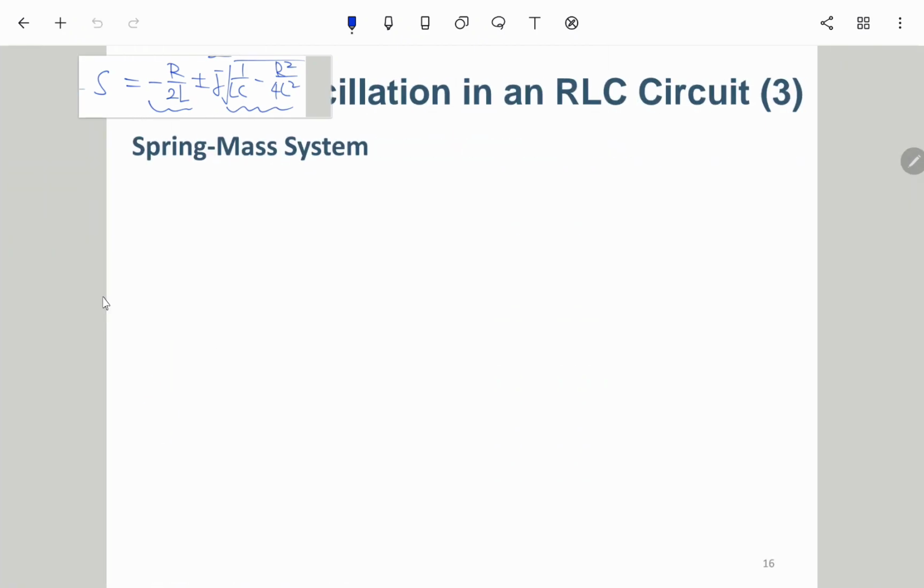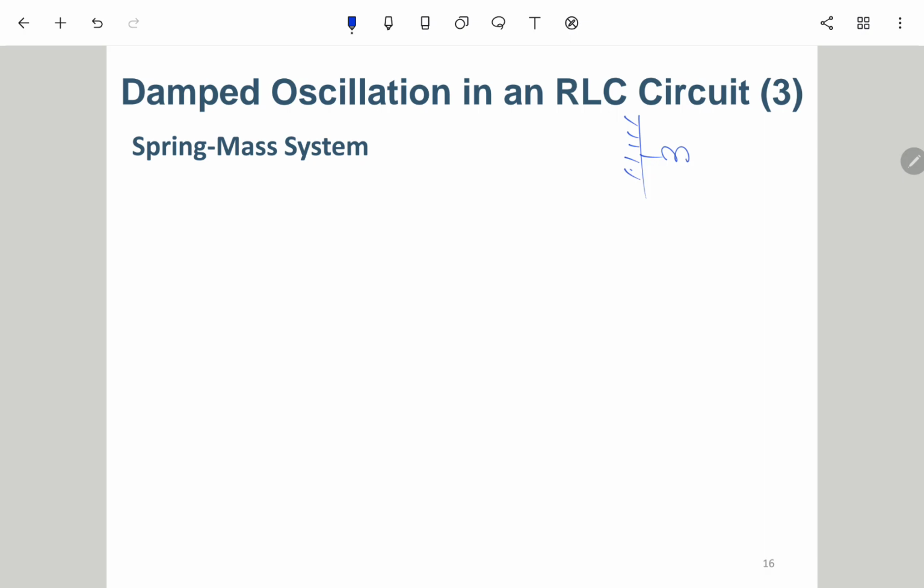As an analogy, we can also compare it with a spring-mass system. Here we have this spring K connected to a mass M. Last time, when we compared it with the LC circuit, we didn't consider any energy loss.